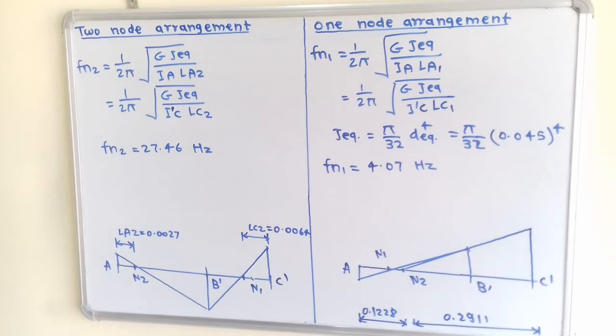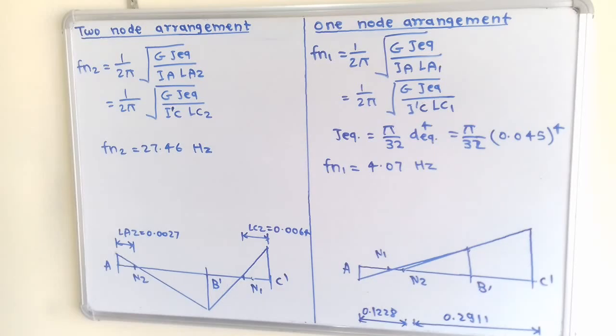Now we will move to the two node arrangement diagram. Here we have to use suffix 2, that is Fn2 is equal to 1 by 2 pi under root of G J equivalent divided by I_A L_A2, or we can use the second formula 1 by 2 pi under root of G J equivalent divided by I dash C L_C2.